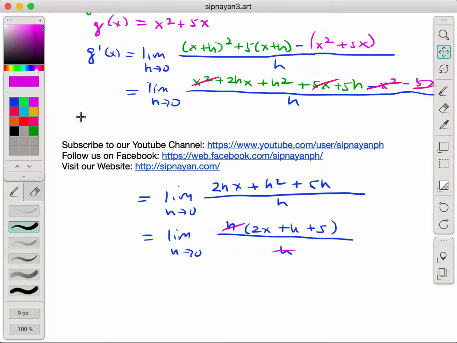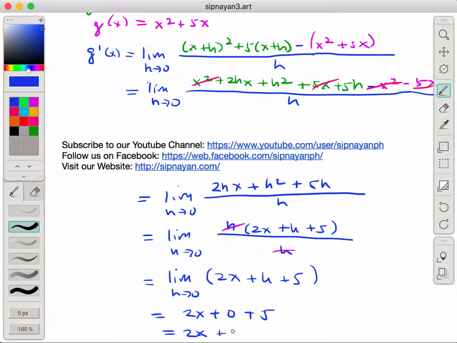And therefore, what remains is the limit as h approaches 0 of 2x plus h plus 5. As h approaches 0, all the h here can be replaced with 0. When we remove the limit, it is 2x plus 5.